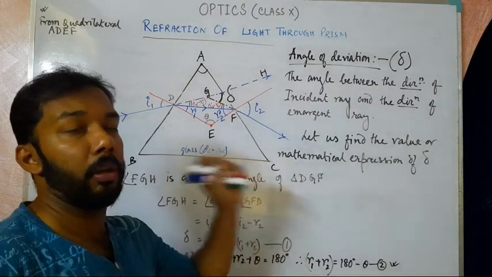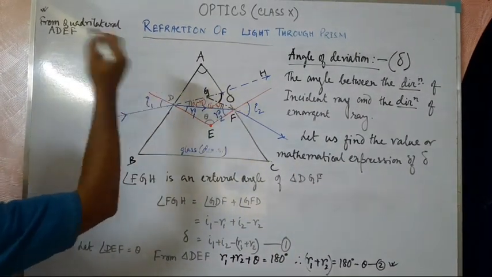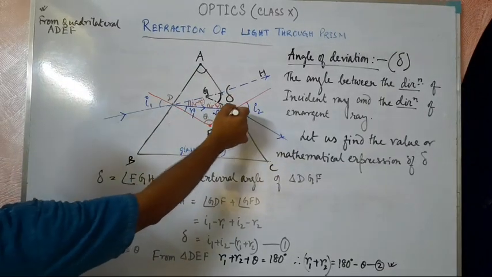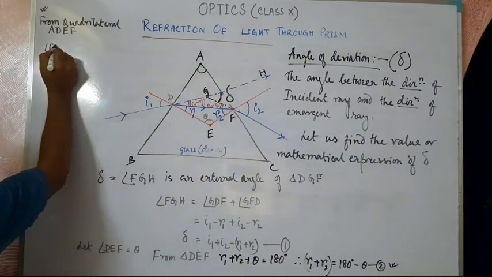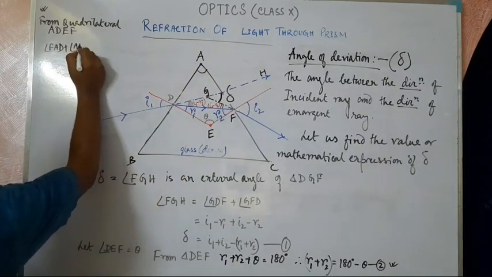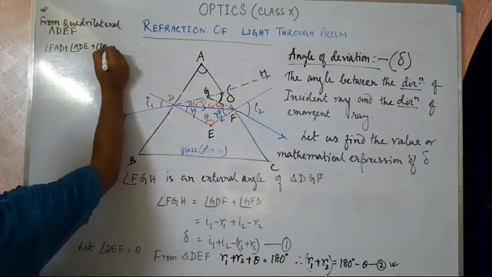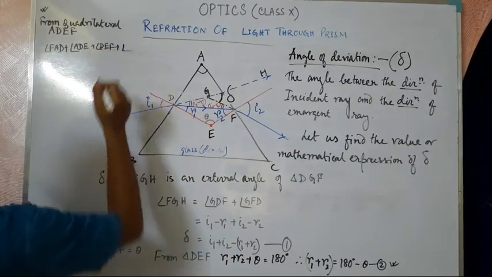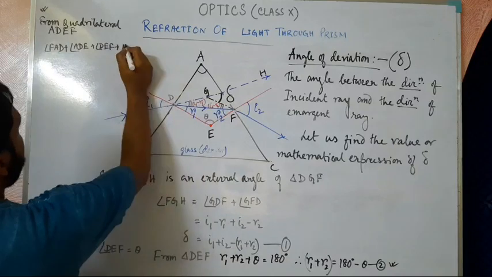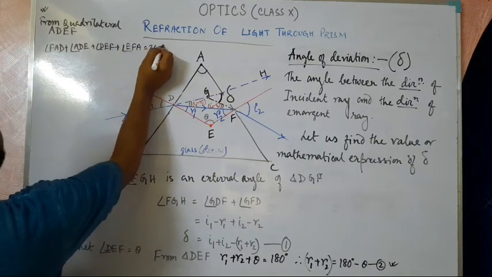That is known from geometry. What are the angles over there? Angle FAD plus angle ADE plus angle DEF plus angle EFA means 360 degrees.